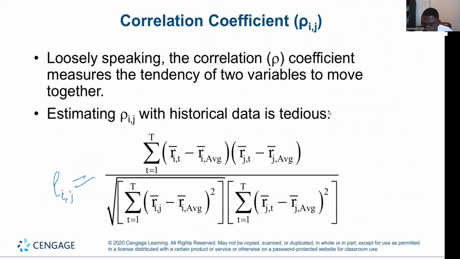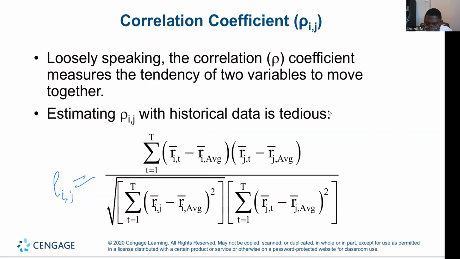So this is how we calculate the correlation coefficient using historic data. We take every return of an asset that makes up the portfolio minus the average return.